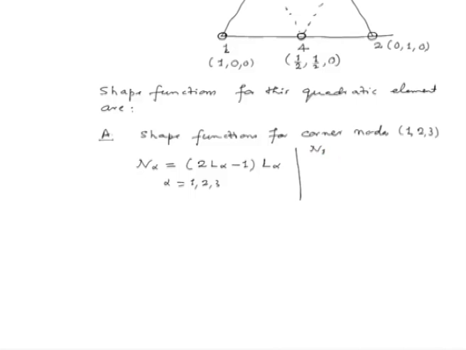So, your shape function N1 would be twice L1 minus 1 times L1, N2 is given as 2 L2 minus 1 times L2, and N3 is equal to 2 L3 minus 1 times L3.